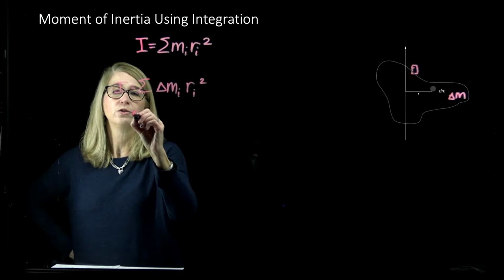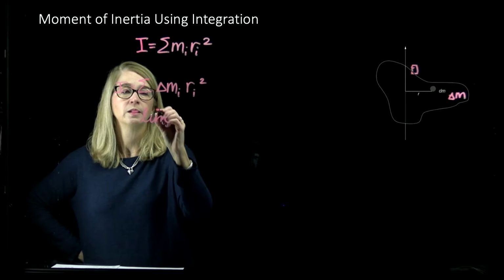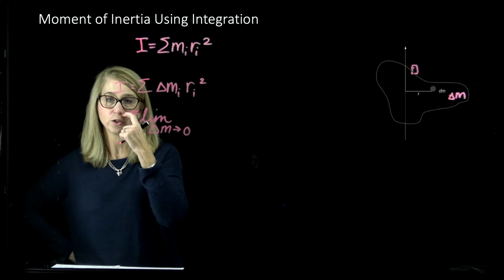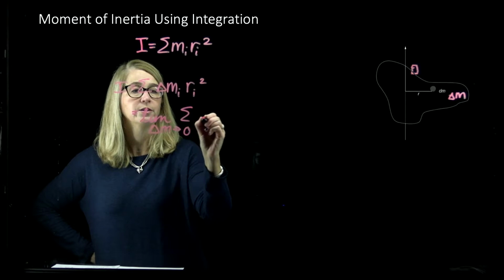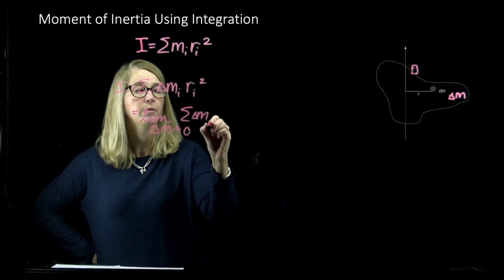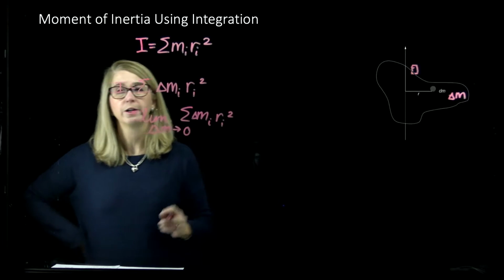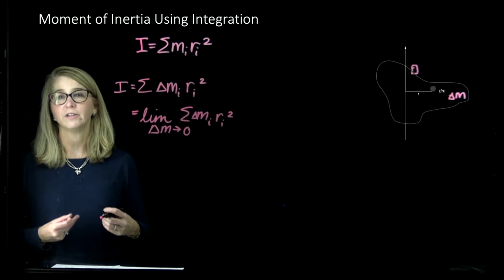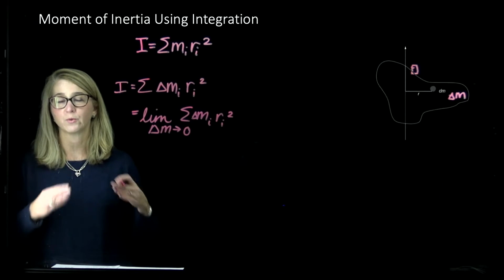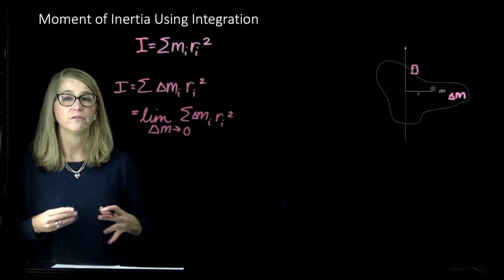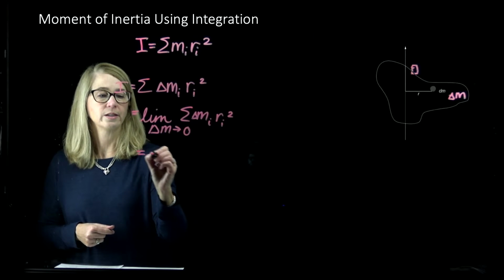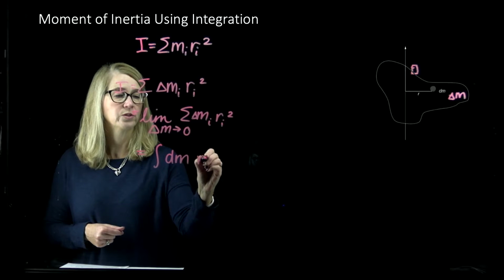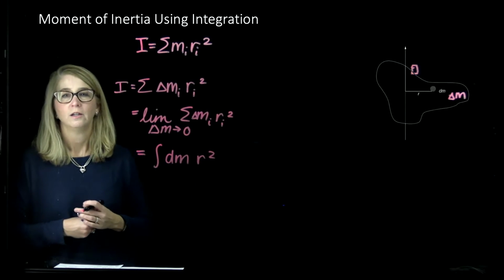So what I really want to do is take the limit as delta m becomes infinitesimally small of this summation of delta m sub i r sub i squared. And honestly, that is really just leading up to the definition of what an integral is when those elements become infinitesimally small. And this ends up to be the integral of dm times r squared.